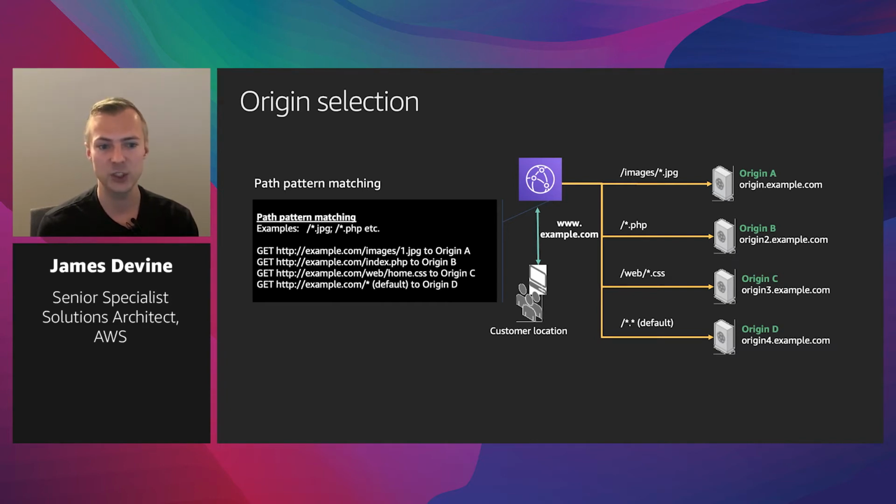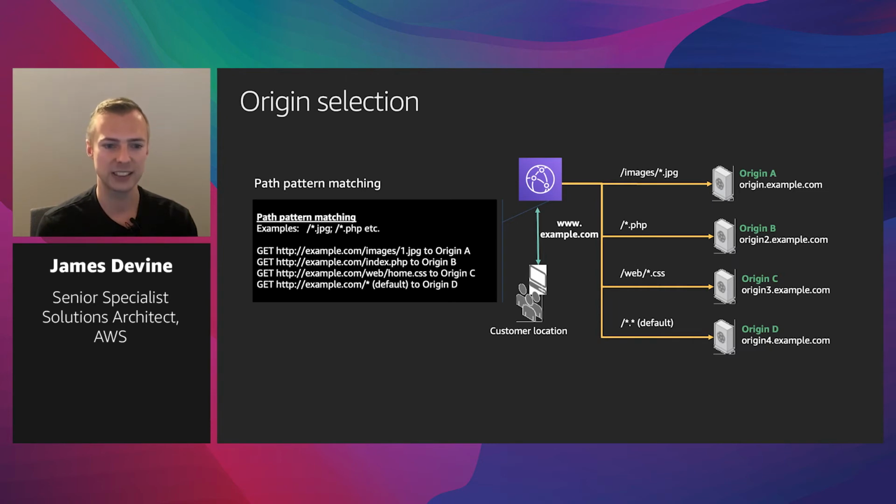Same thing with our CSS. We might want to store that in another origin, and that could be another S3 bucket where we store our CSS, our cascading style sheets that tell the website how it should look. And then we can have a catch-all default. And maybe this goes to a 404 page that is just something that we don't want a user to see, or they've requested something.